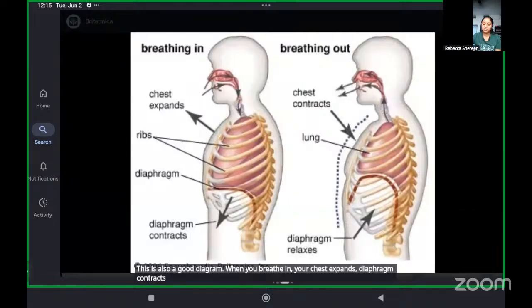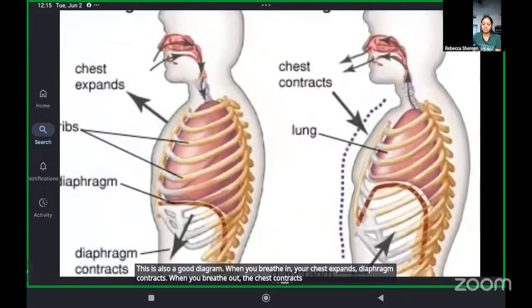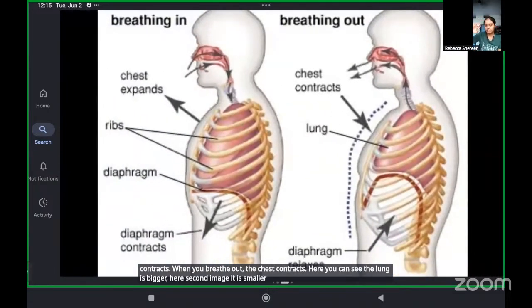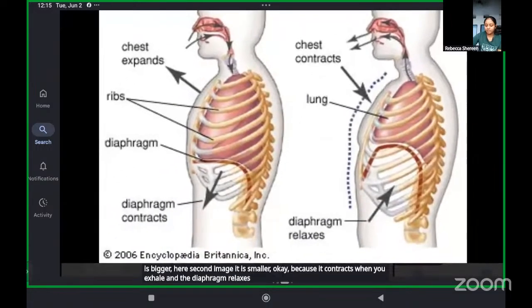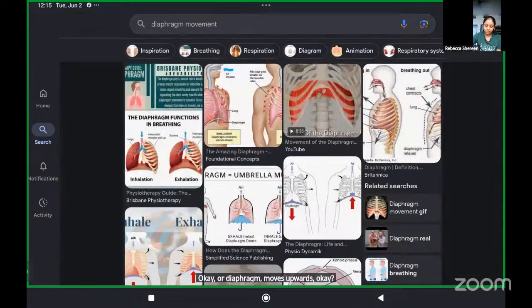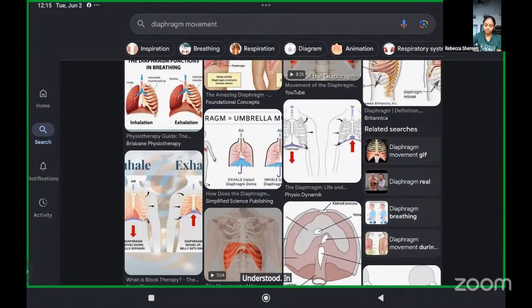When you breathe out, the chest contracts. Here you can see the lung is bigger. Here, in the second image, it is smaller, because it contracts when you exhale and the diaphragm relaxes, or moves upwards. Understood? Inhalation and exhalation.